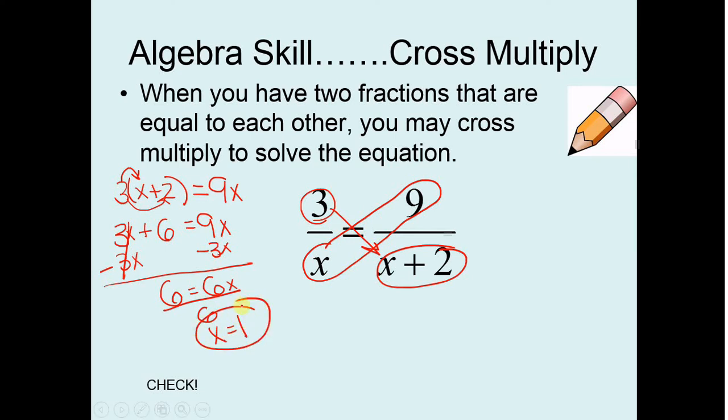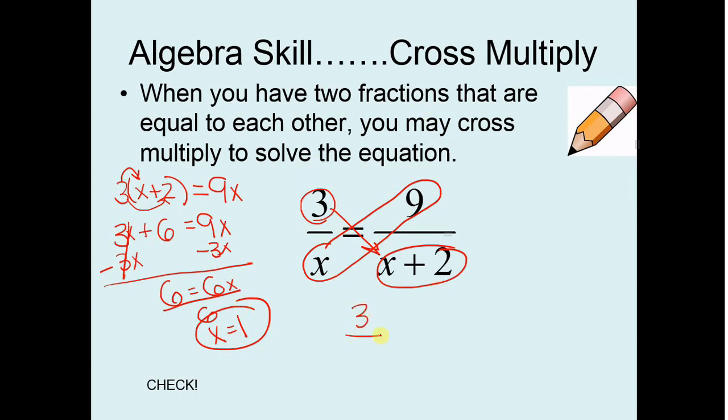Wonderful. But now, double check. Make sure it works. You are going to get a lot of extraneous solutions on these. They come up a lot. So let's put it in. My x is 1.